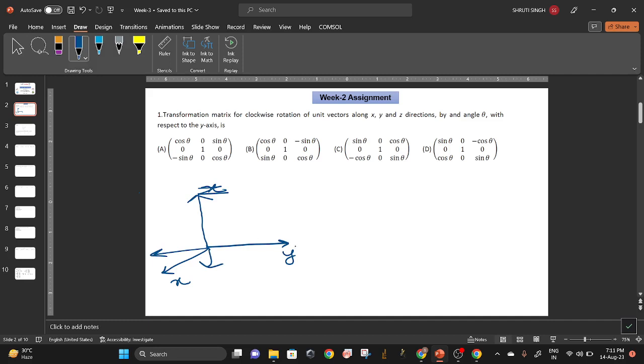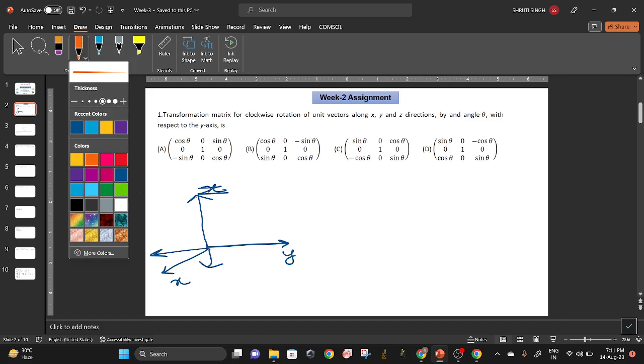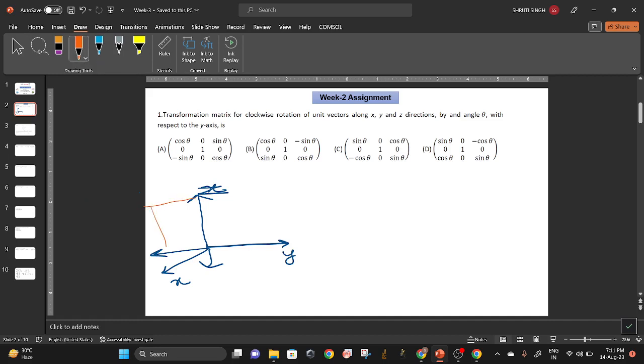Now we have to take rotation around this, so we will take this plane. Other things are the same. We have to take this plane because we have to rotate along this. So one position vector before transformation we will take here, and the other one we will take here, like after rotation it will come here.